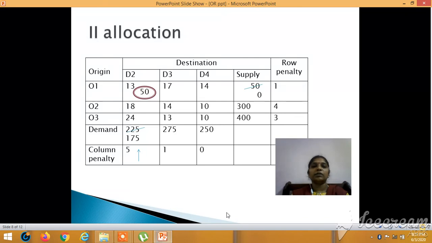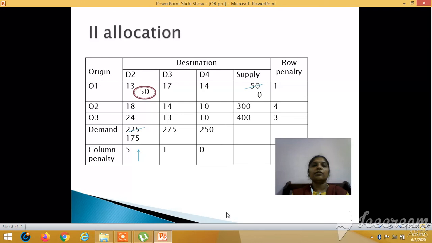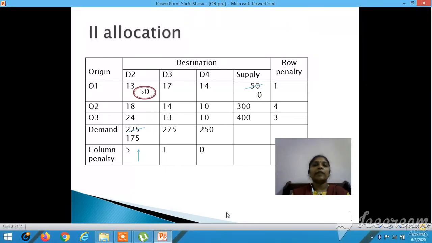Then 14 and 13, it is 1, and 10 and 10, it is 0. Among the row and column penalties, the highest one is 5, corresponding to the D2 column. There the unit costs are 13, 18, 24, and among these you choose the least value, 13. There I am going to allocate.